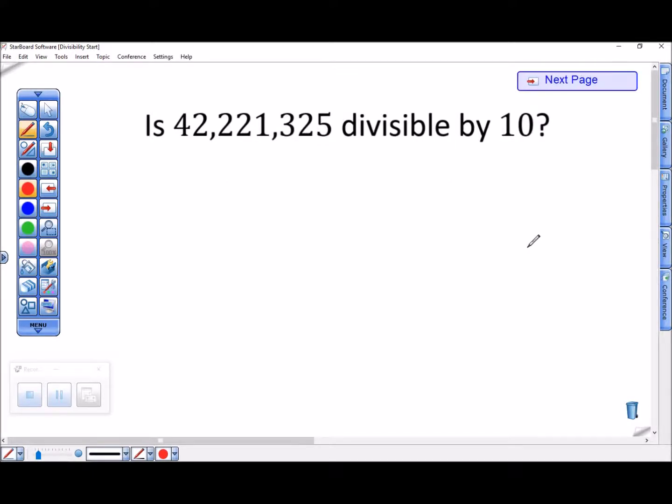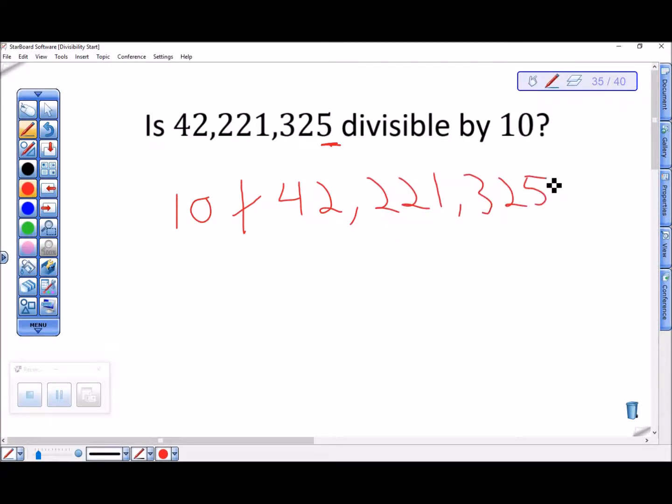Similarly, 10 does not divide this number, 42,221,325, because although it's divisible by 5, it is not even. So since it doesn't pass the test for 2, 10 does not divide 42,221,325.